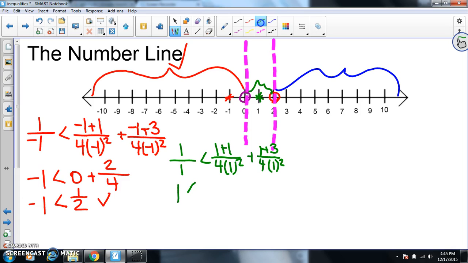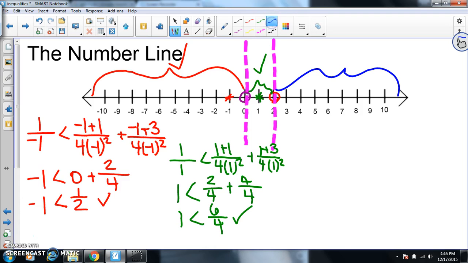So I have 1 is less than 2 over 4 plus 4 over 4, so 1 is less than 6 over 4. Yes. So my second solution set works.